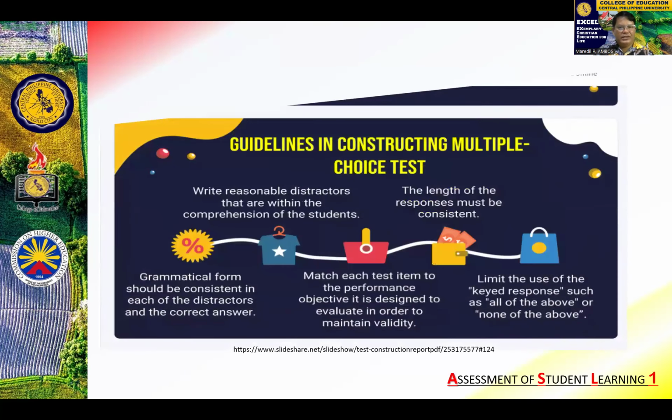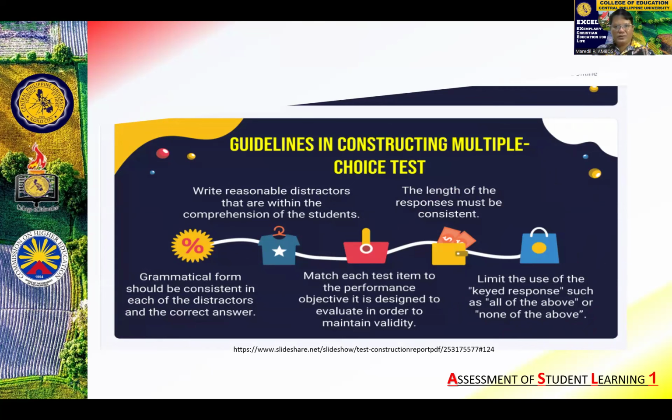What about guidelines in constructing multiple choice tests? The first is that grammatical form should be consistent in each of the distractors and the correct answer. The next is to use reasonable distractors that are written within the comprehension of the students, and match each test item to the performance objective it is designed to evaluate in order to maintain validity.